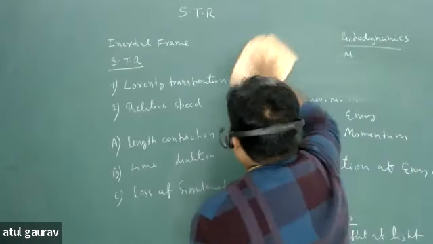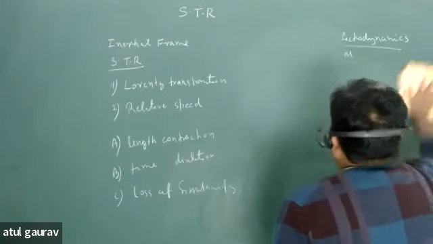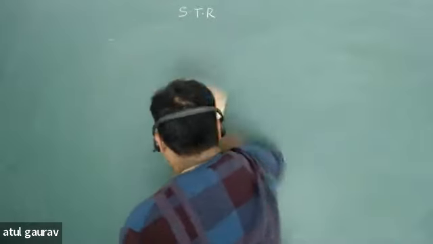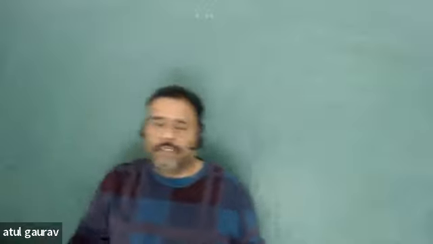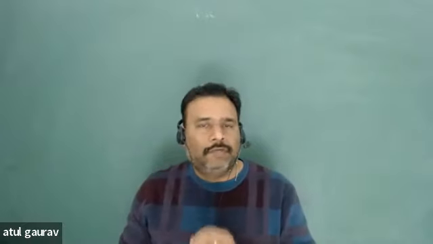In every examination, at least 2 questions will be there, and more than 2 can also be there if you count relativistic electrodynamics and relativistic quantum mechanics. But if you restrict yourself only to STR, mainly the Lorentz transformation and relativistic energy and mass, then obviously at least 2 questions will come every year in every examination.